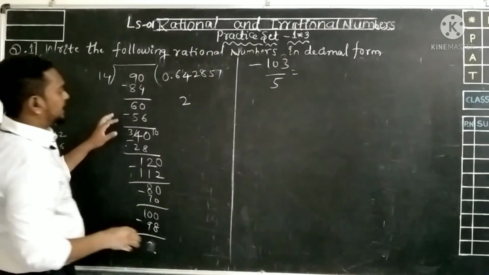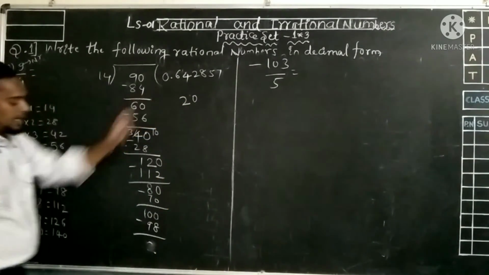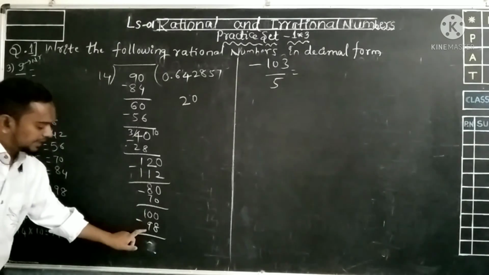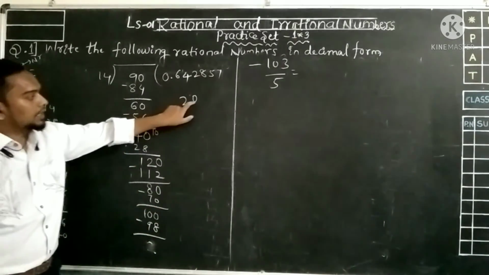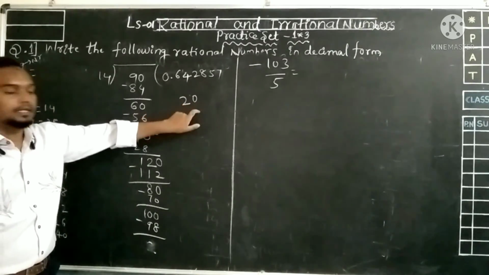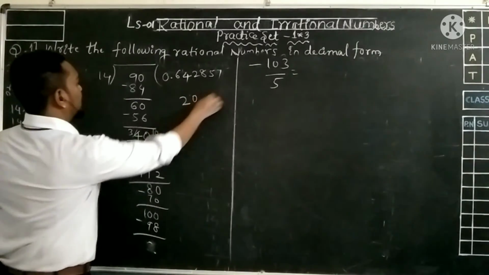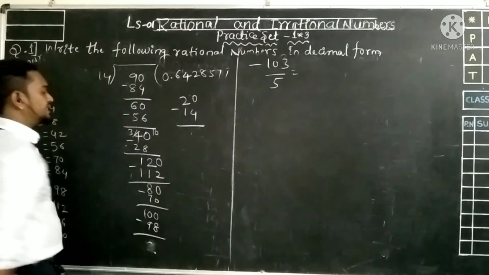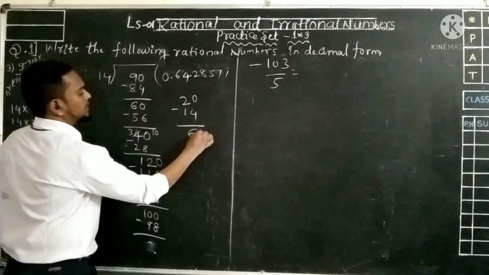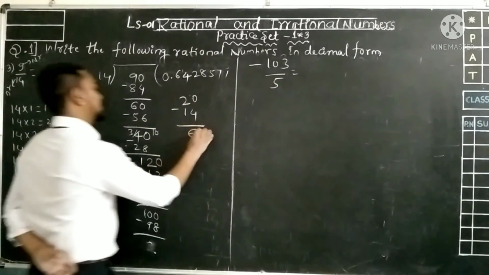Now we will put a decimal point, that is 0. Therefore, 14 1s are 14. 20 minus 14 is 6. 6 means again we will put a decimal point, that is 0.